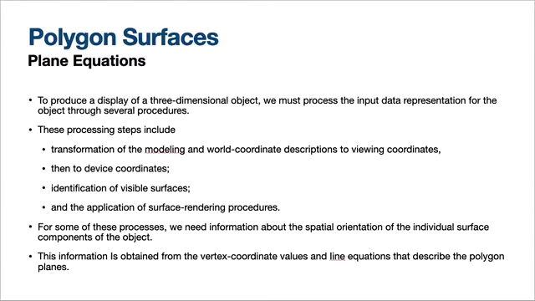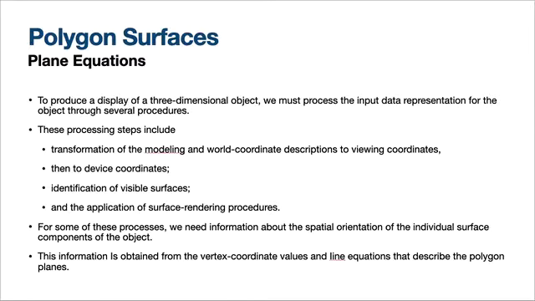These processing steps include transformation of modeling and world coordinate descriptions to viewing coordinates, then mapping it into device coordinates, then identification of visible surfaces, and then the application of surface rendering procedures. These are the steps basically used for displaying a three-dimensional object.